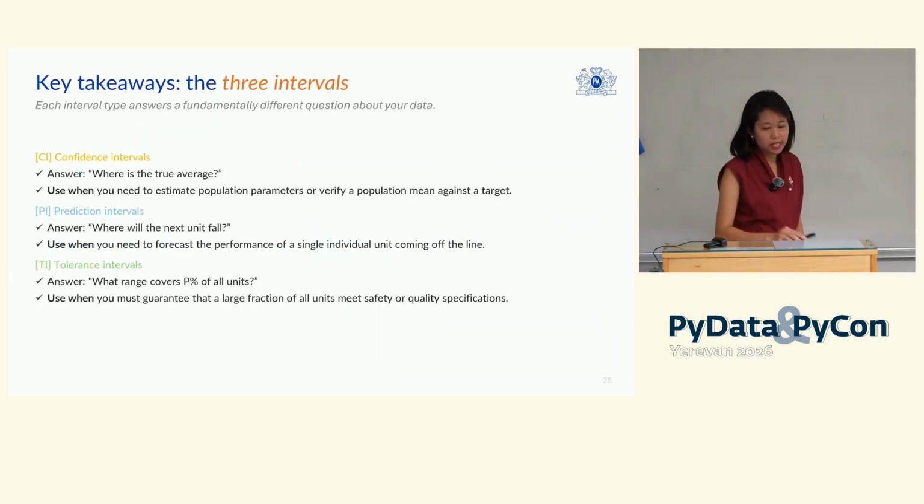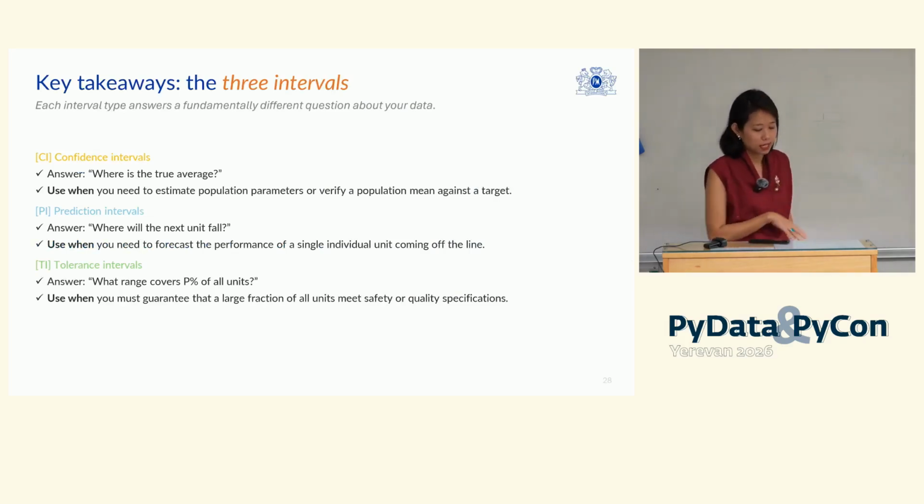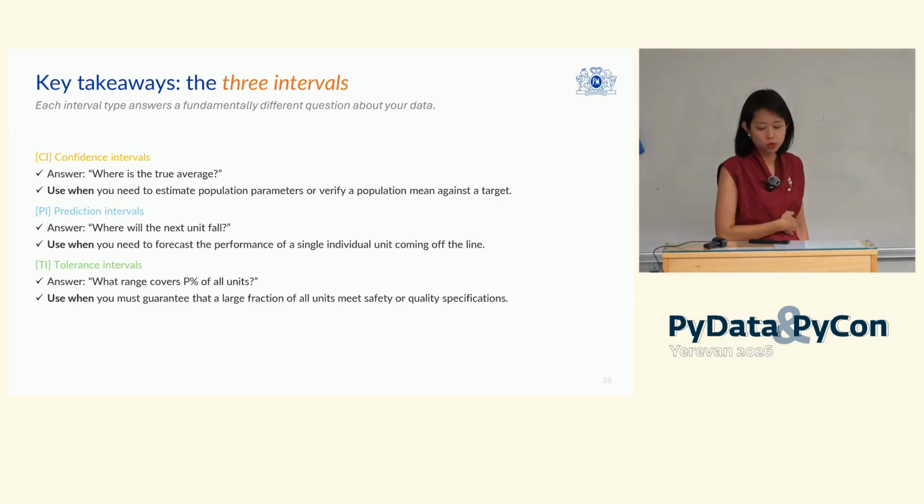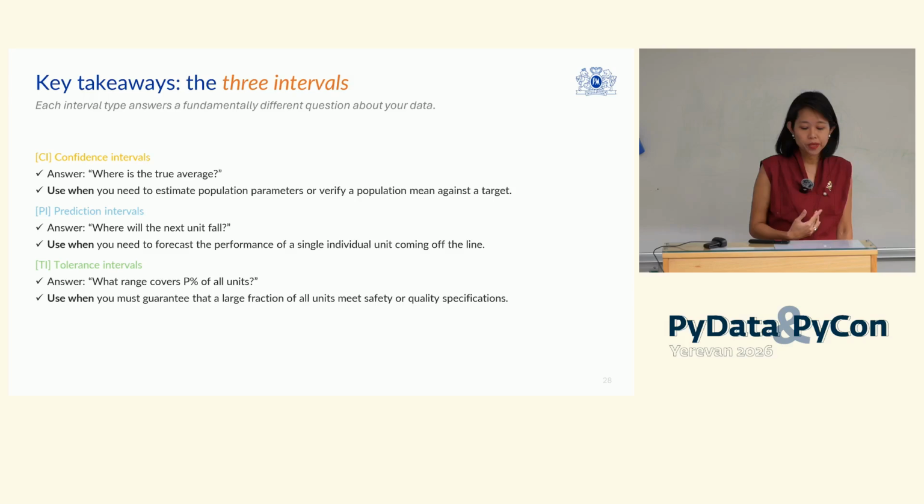The conclusion and takeaway is that the confidence interval, again, is answering more a question of average. It doesn't mean it's not useful. In the industry, we are still also using this one, for example during batch release, when you want to know your population parameters in terms of average and standard deviation, and whether we meet the target that we set or not.